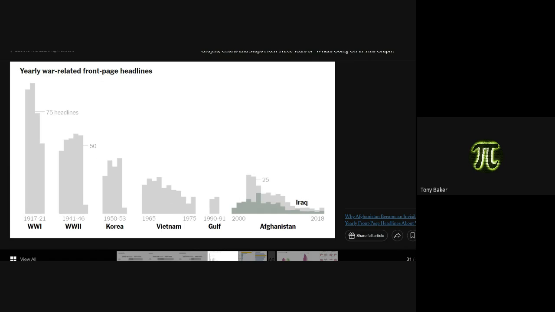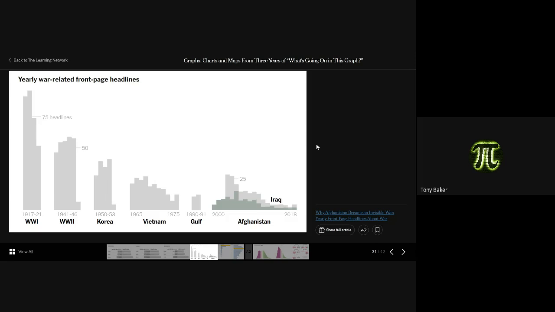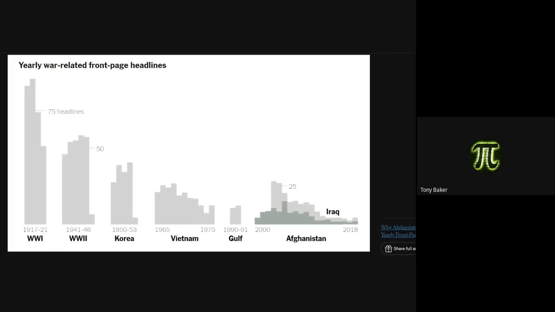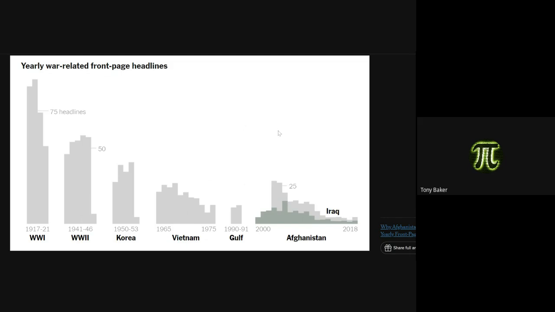It doesn't say, so I don't know if that'd be how many days they were on the front page. I'm going to assume this is actually the New York Times because these are the New York Times graphs. So I'm going to assume this is the headlines of the New York Times. So I would assume it's per day, but it doesn't actually say.